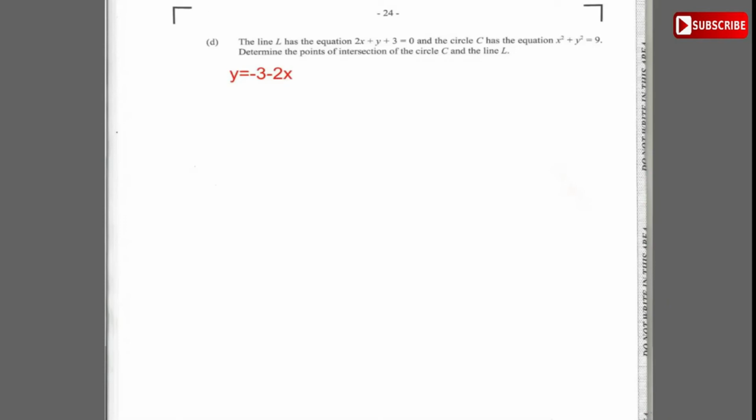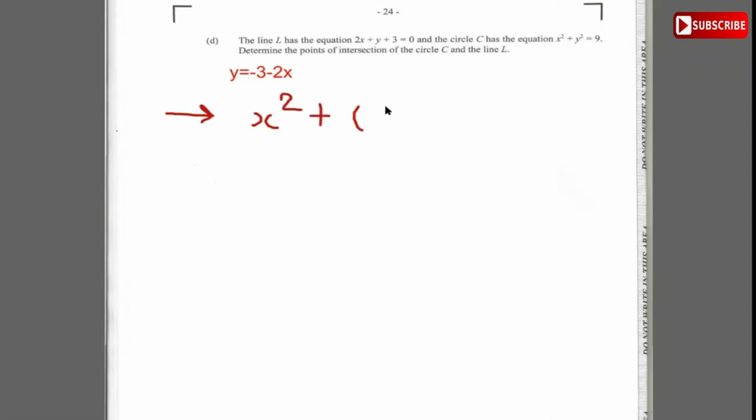When we substitute the line into the circle, we get x squared plus (minus 3 minus 2x) all squared, equal to 9.